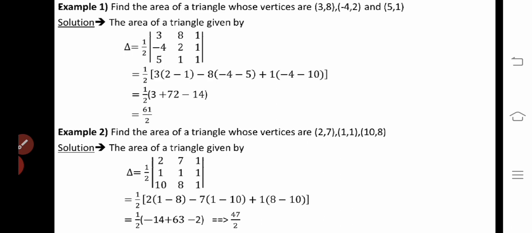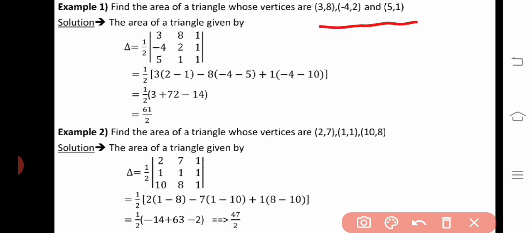Find the area of a triangle whose vertices are 3, 8, minus 4, 2 and 5, 1. Let us start the solution. The area of a triangle is given by, as 3 vertices are given, you have to know the formula.